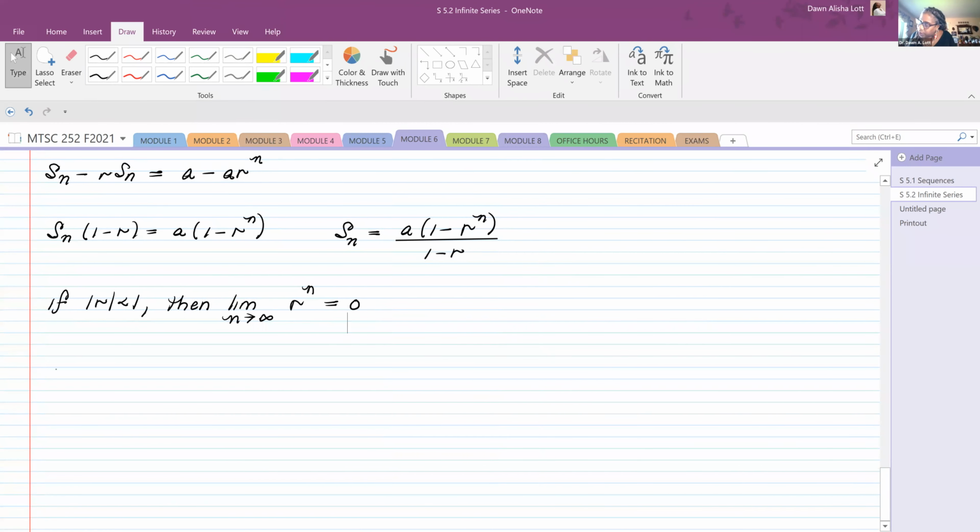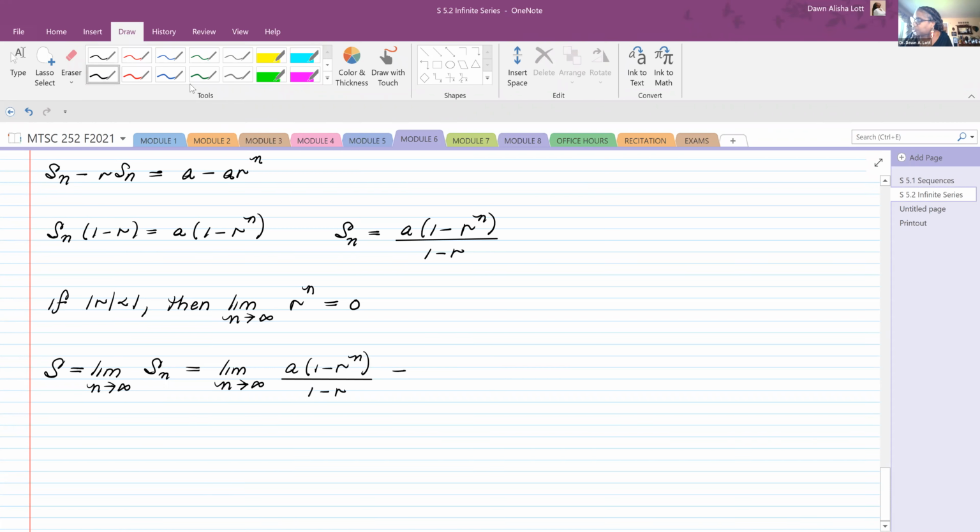So therefore we get the limit. So the sum of the series S, which is the limit as n approaches infinity of the nth partial sum Sn, is the limit as n approaches infinity of a times 1 minus r to the n over 1 minus r.